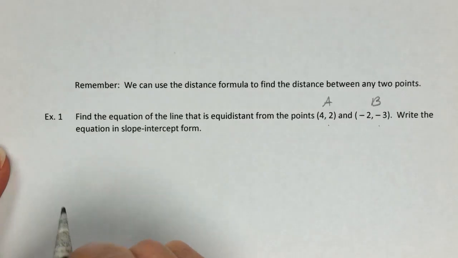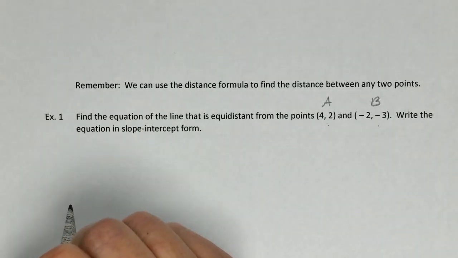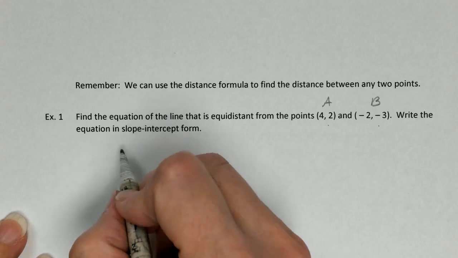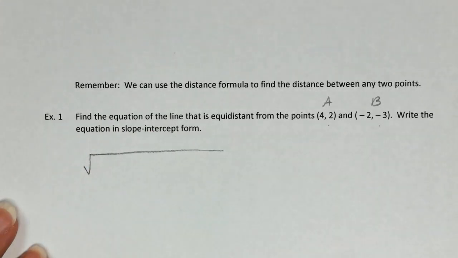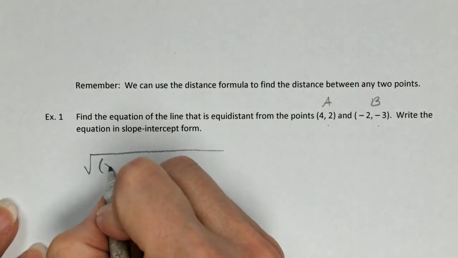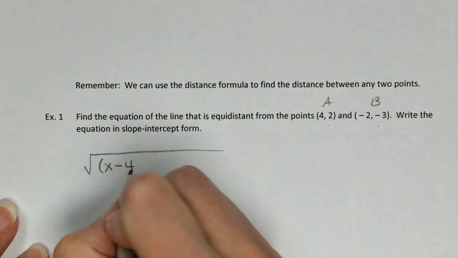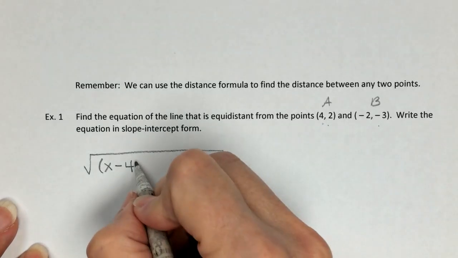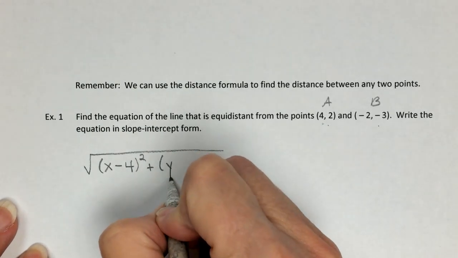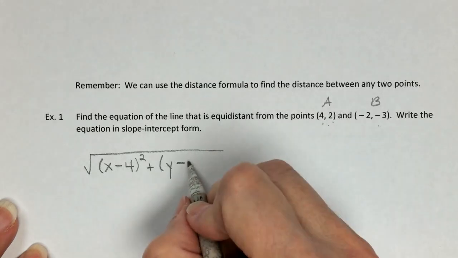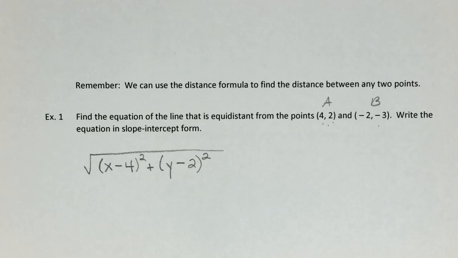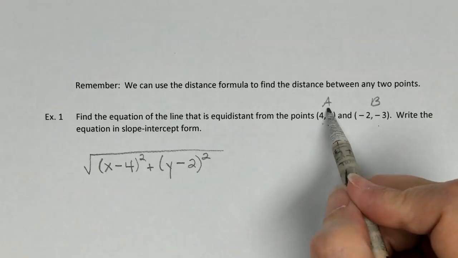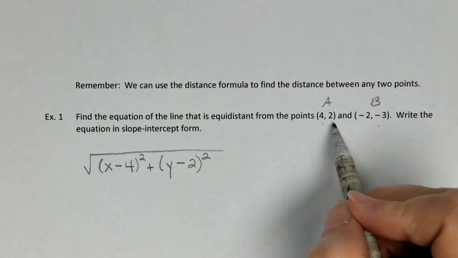And so the distance from A to (x, y) will be over here, and that would be the square root of x minus 4, because the x coordinate, squared, plus y minus the y coordinate 2 squared. All right, that would be the distance from point (x, y), whatever it is, to A, to this point.